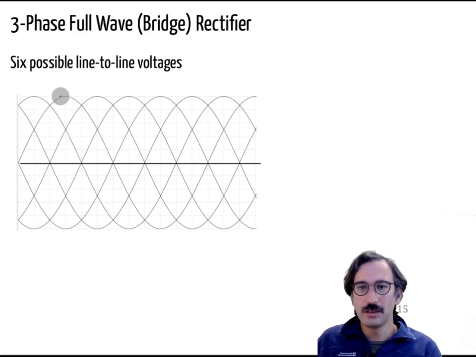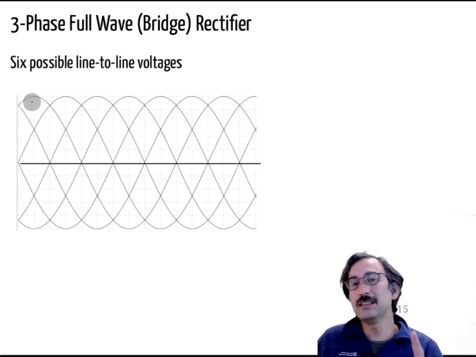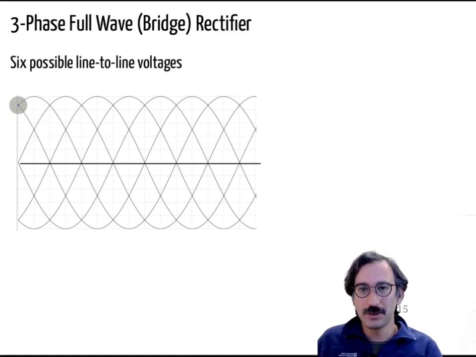So 1, 2, 3, 4, 5, 6. So for any time instant, there are 6 different voltages, and the combination with the highest output voltage is that one for now. So that one will get into the conduction.